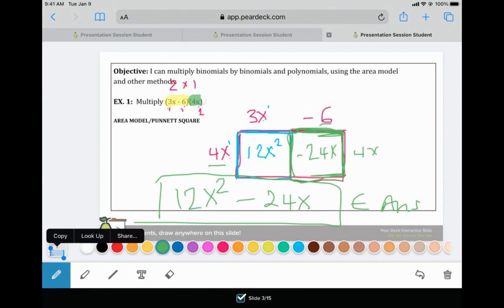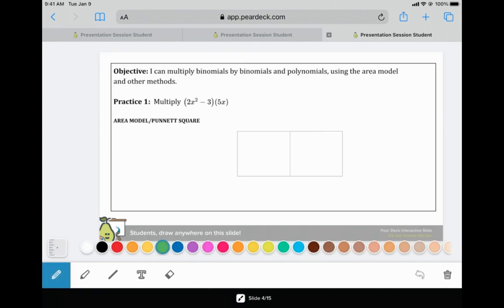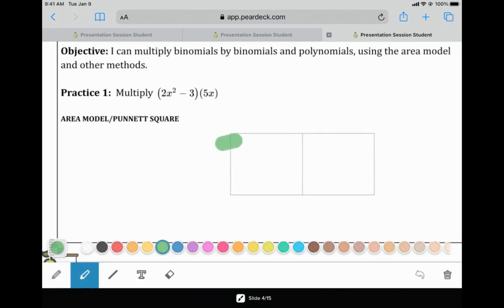Okay, all right, moving on. We're going to do something similar, okay? Now, I already made the box for you. If you look at the first term, let's zoom in a little bit. If you look at this one right here, I have 2 terms, the 2x squared and the 3.